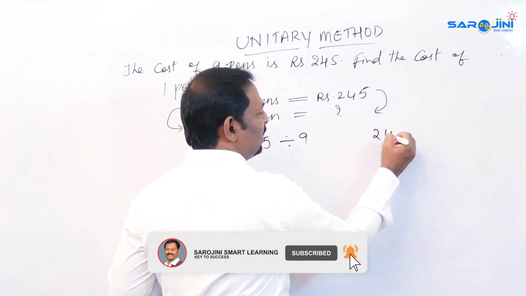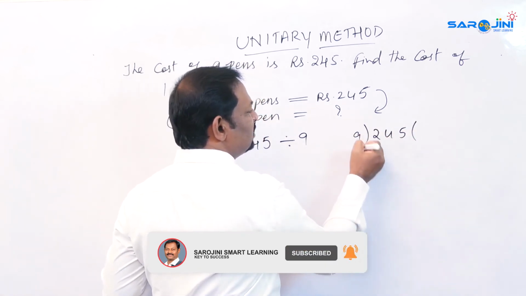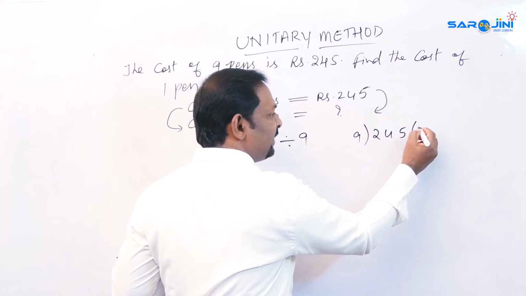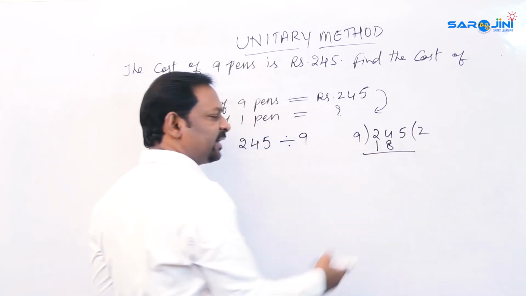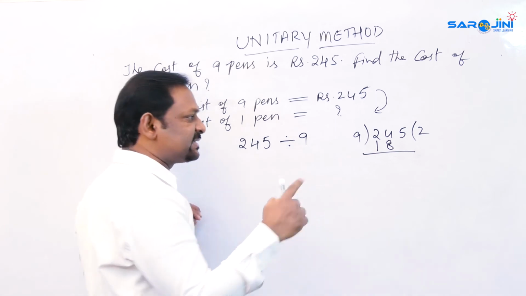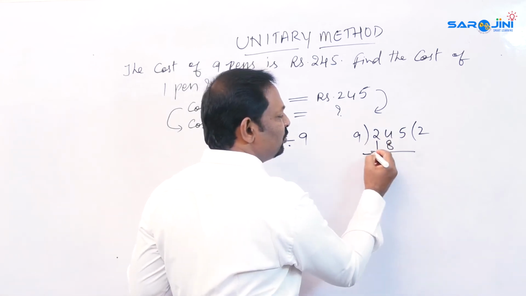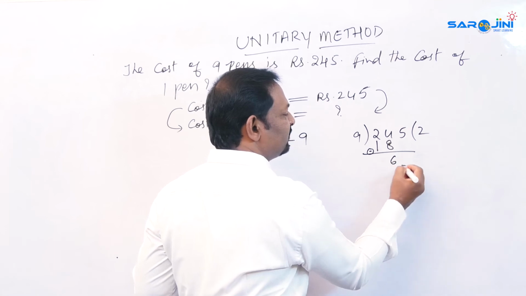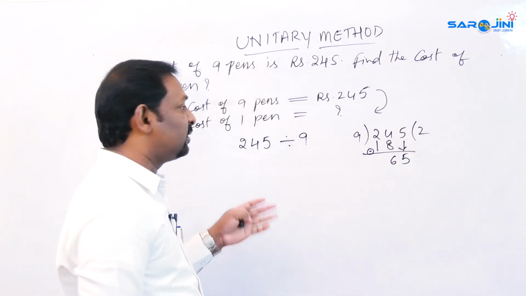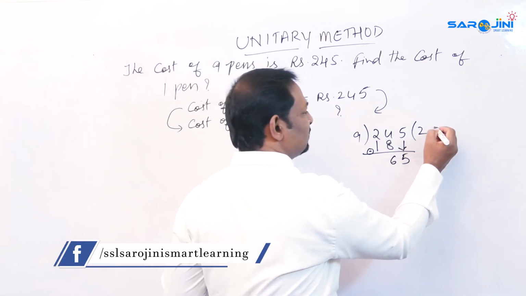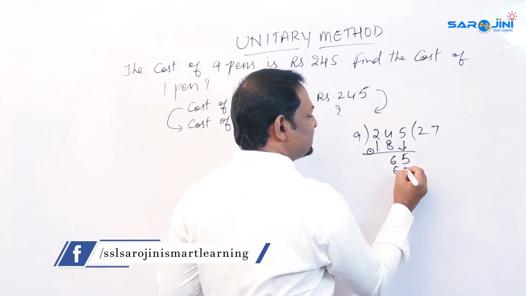According to our regular method of division, in the 9 table, 9 2s are 18, because if you take 9 times 3, it will be 27. So if you remove 18 from 24, you will get 6. So this is 5. In the 9 table, when 63 will come, we'll check. 9 7s are 63.